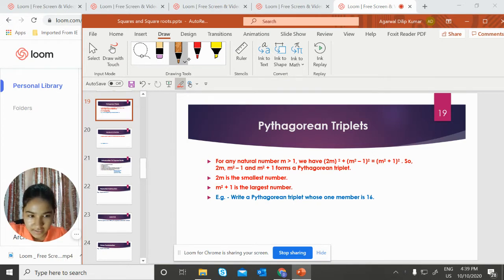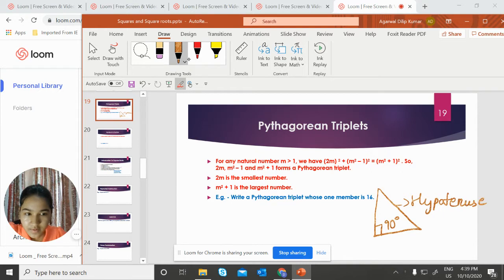So, let's start. First, let me talk about the right angle triangle. We know that this is 90 degrees, one of the angles. This is the hypotenuse. This is A, B, and C. Do you know one rule on this?